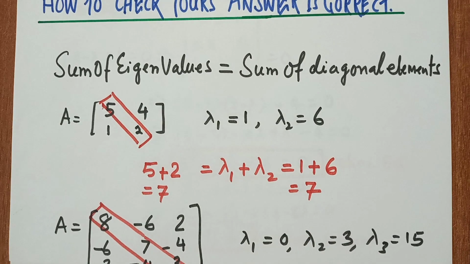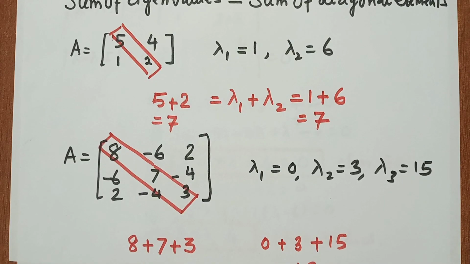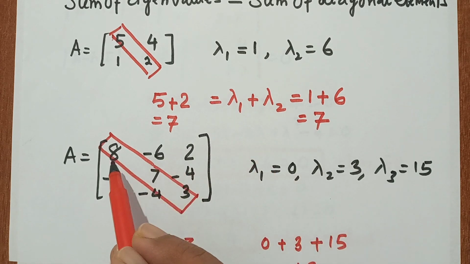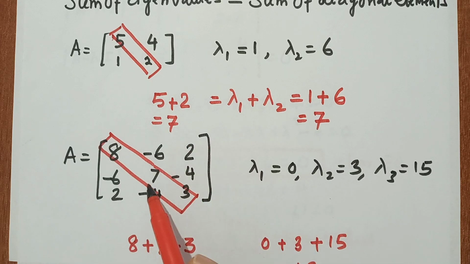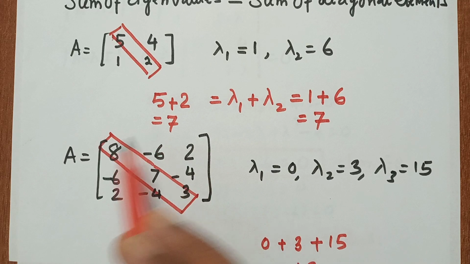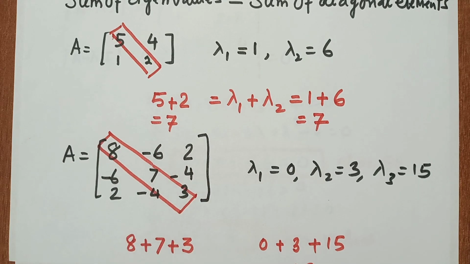When you want to check your answer, I am going to explain with a matrix of order 3. If A is equal to this matrix, I have taken the direct values of the scalar lambda, so this is very easy. I will also explain some questions.